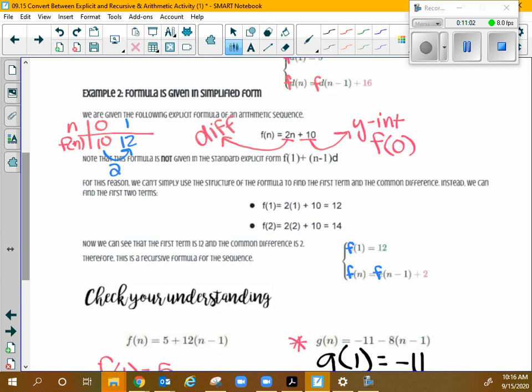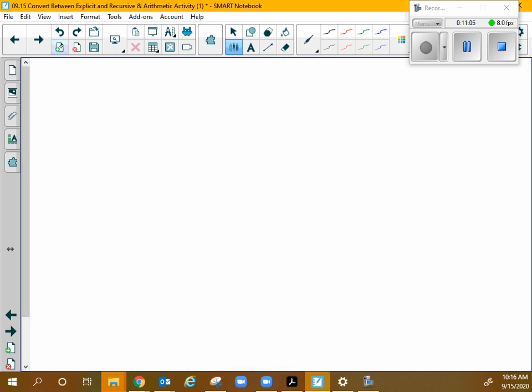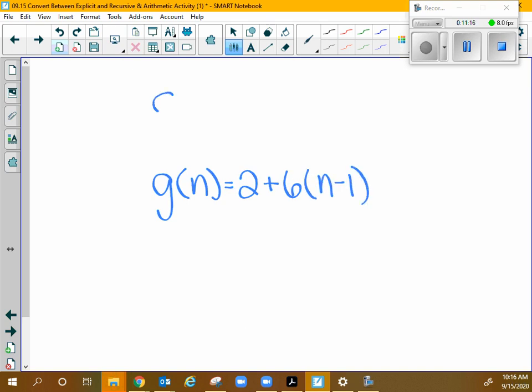But just be careful, because when you're comparing, let's say, your expanded and your simplified, you're given two different things, but one thing that remains the same is that common difference. Okay, so it's located in different places, but it's still your common difference. All right. Okay.